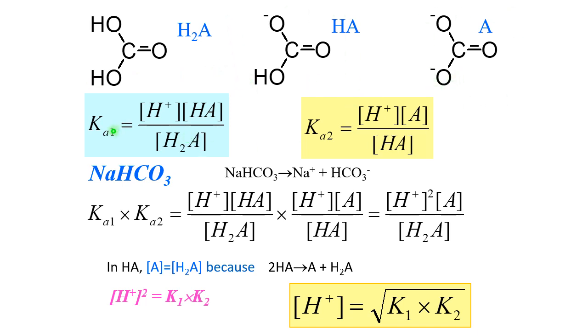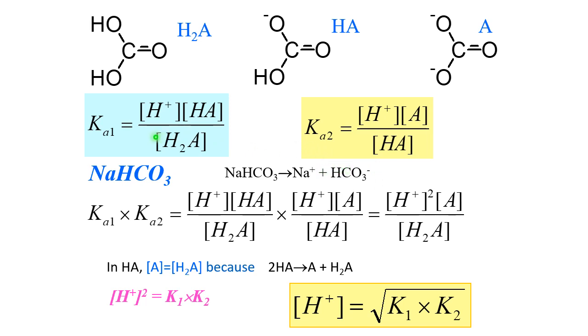We have constant number 1 and constant number 2. The fact that it is a sodium salt doesn't matter, because sodium hydrogen carbonate dissociates completely, 100%, into sodium ion and hydrogen carbonate ion.